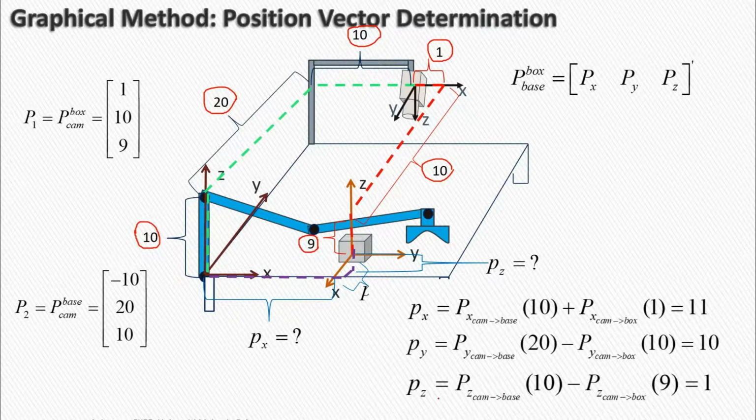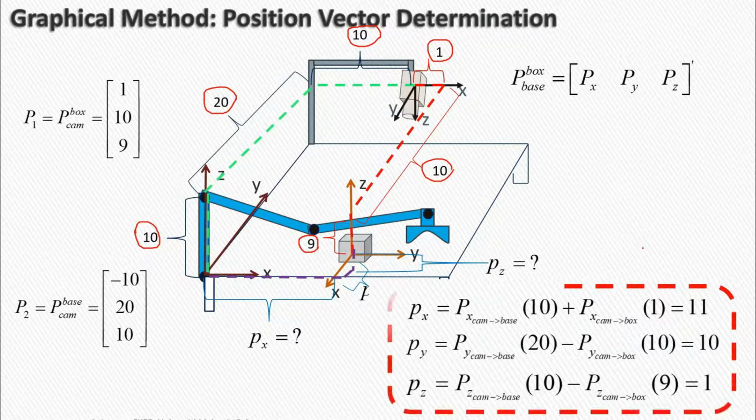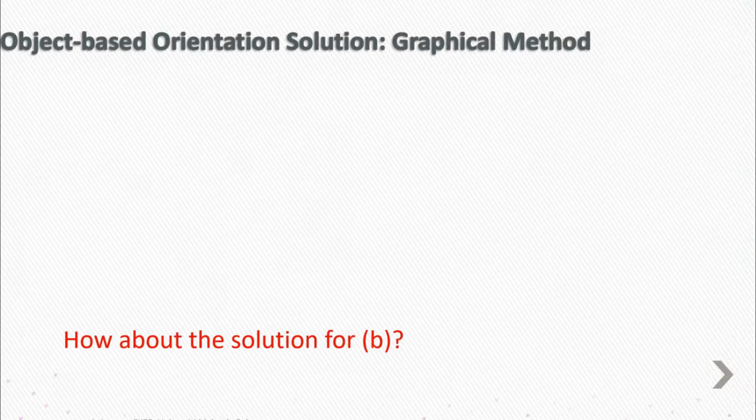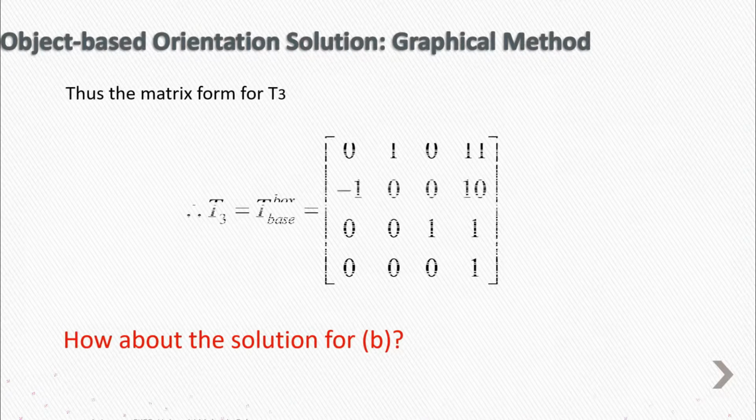So it makes the pz 1. So this is the position vectors of the base to box matrices.